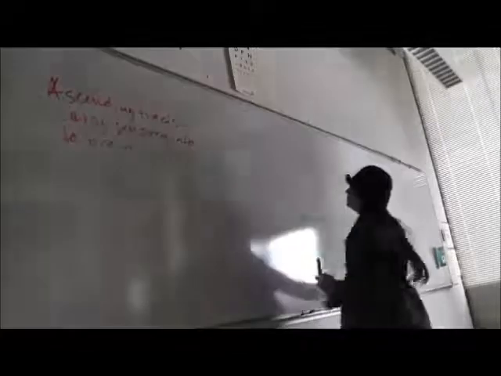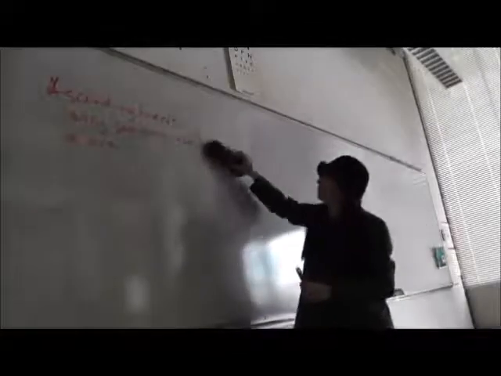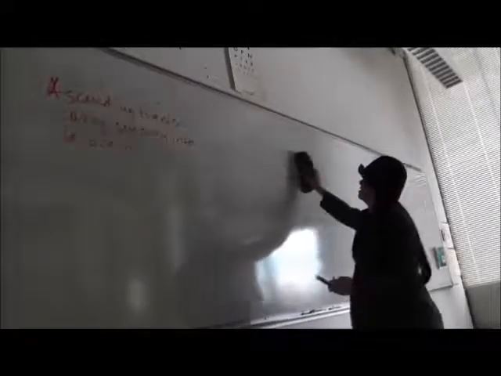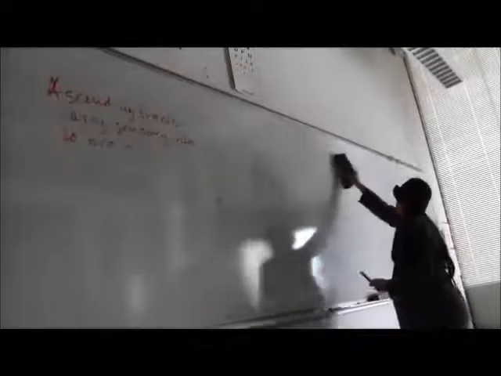So ascending tracts carry sensory information to the brain. And in an ascending tract, for most of our general sensory information like touch, pressure, pain, that's going to use 3 neurons.